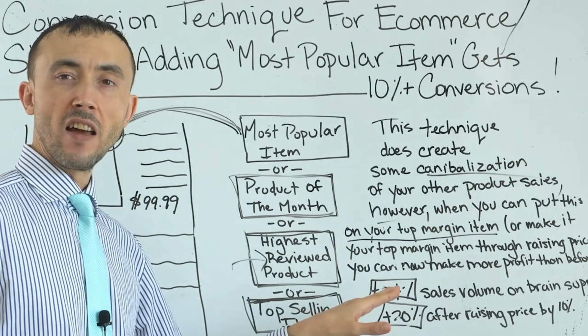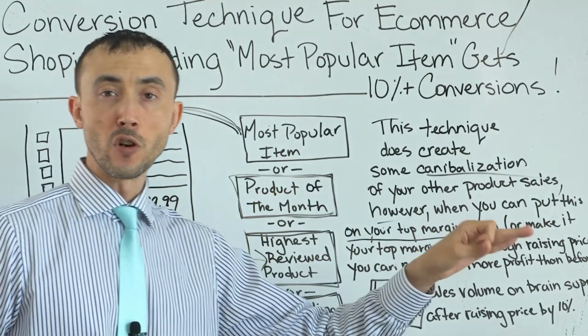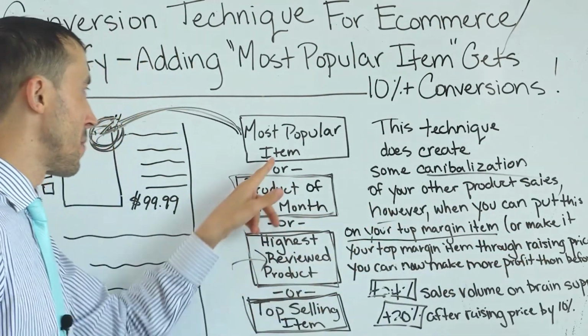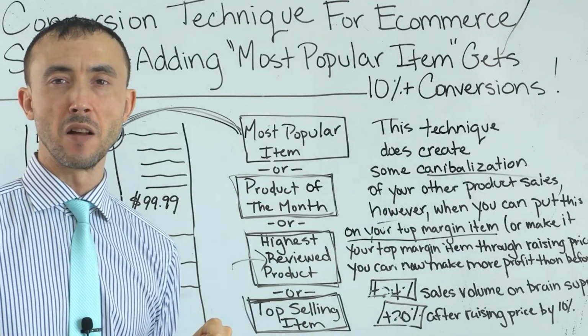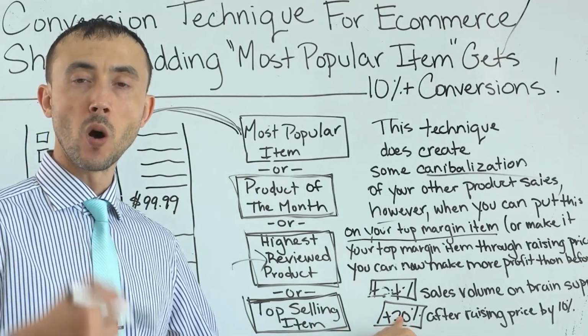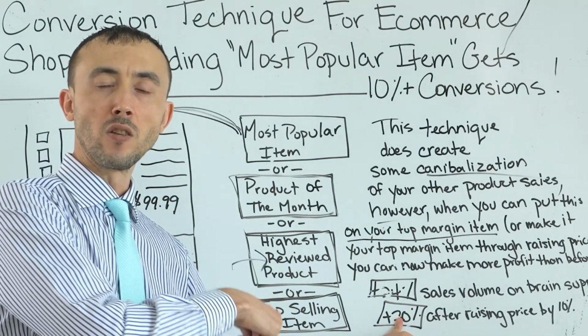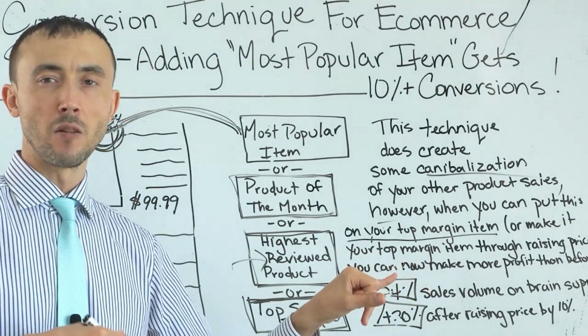And so with that, whereas we got a 24% increase in conversion rate by offering and mentioning most popular item on this particular item in this case study, in this example, we kept a 20% increase versus the sales conversion rate we had before, once we already increased the price by 10%.